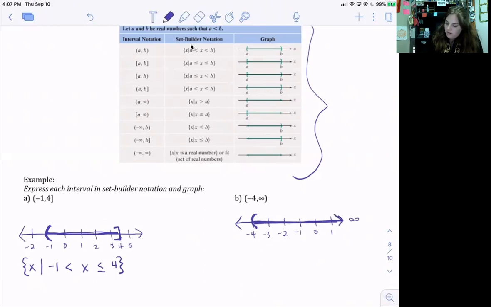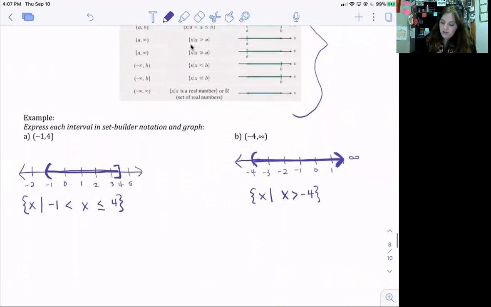I'm going to make that arrow just a little bit darker to show that it's going to keep going. For our set builder notation here, we don't need to include two numbers. We have the set of all values of x such that, follow your arrow sign. Your arrow looks like greater than, so x is greater than -4. We're using greater than because it's a parenthesis instead of a bracket.